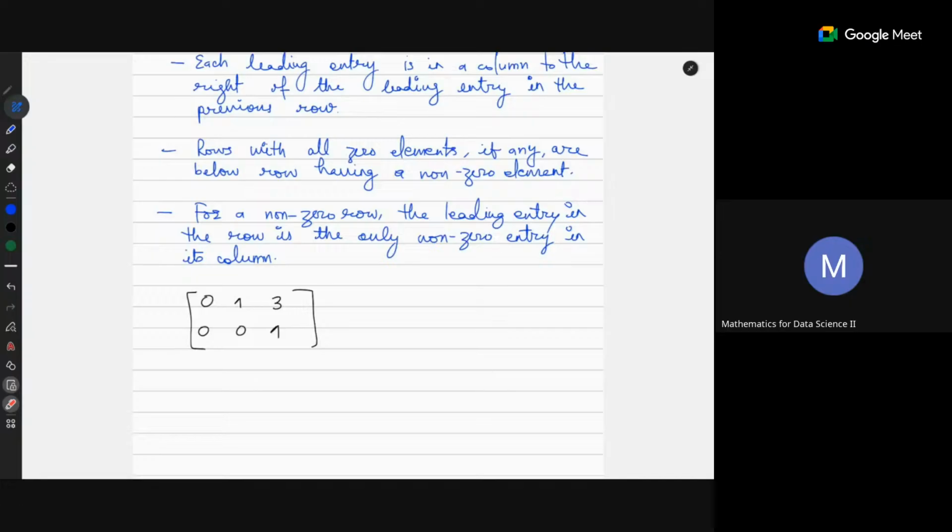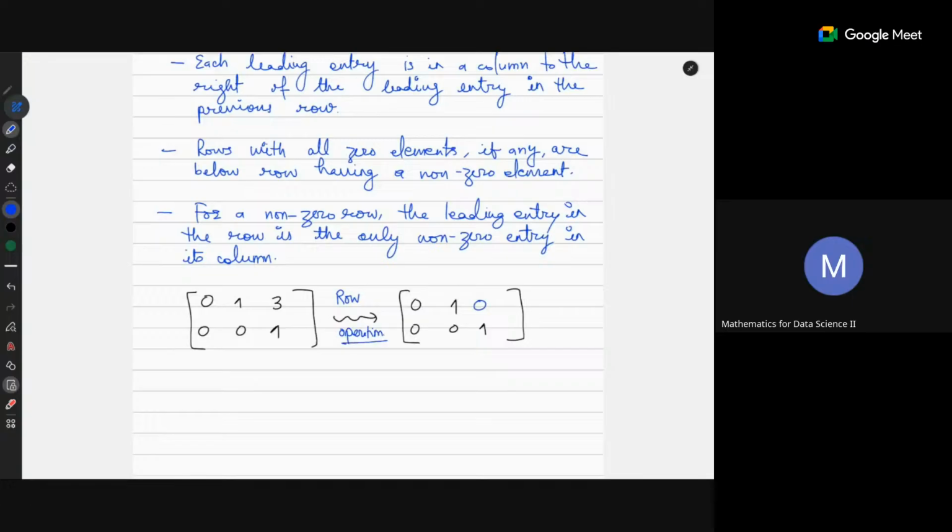That violates the fourth condition: the leading entry in the row is the only non-zero entry in its column. This is not the case because there is 3 also. But I can make this into reduced row echelon form by applying row operations, which I will discuss. You can make this 3 go away, and you can have zeros by some row operations, which I'm going to discuss.